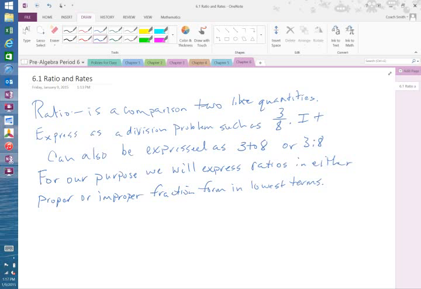Okay, you will not see a ratio. This is ratio. We're going to deal with both of them, I believe, today, ratio and rates.